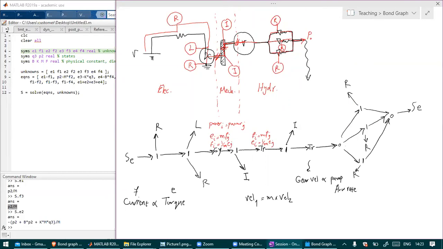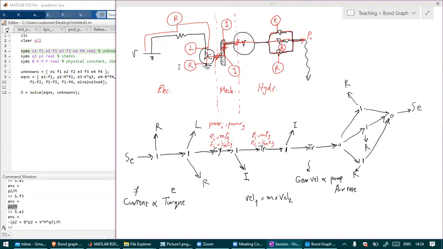Ei is the voltage on the electrical side, and Fj is the angular velocity. Right. Voltage proportional to angular velocity. Yeah. That's how DC motors work. They basically get more current if you keep the voltage constant. And the voltage basically controls the velocity of the DC motor.